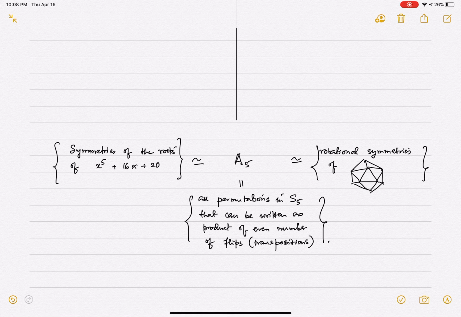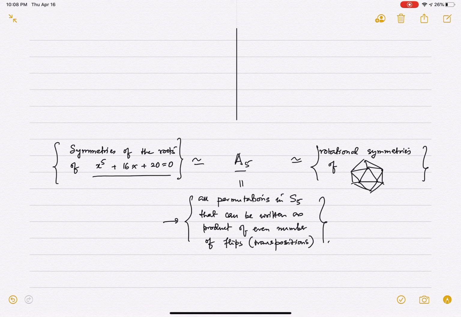If you look at the set of symmetries of the roots of this equation, this is a fifth degree equation, so it has 5 roots. And it's not quite clear what I mean by this, but it can be made sense of. Then that happens to be closely related to a certain subgroup of the permutation group of 5 letters called A5, or the alternating group of 5 letters.